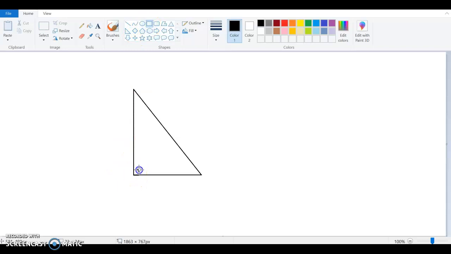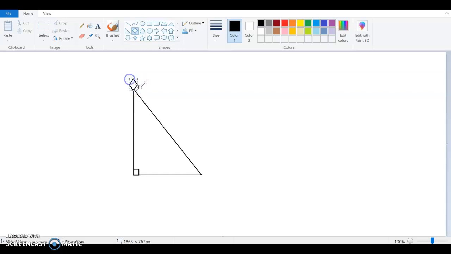So if it's a right triangle, therefore there's the 90-degree angle. Example. Let's say we have a kite.